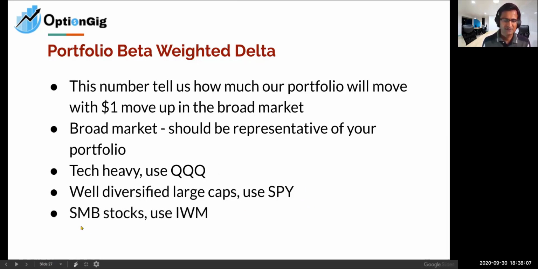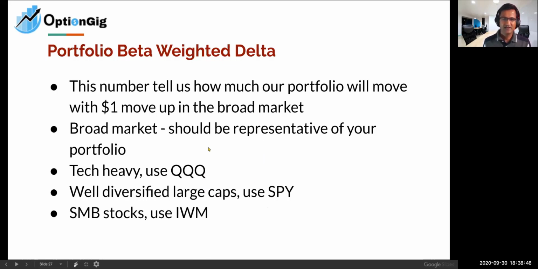Or if your portfolio only has small and medium businesses, use IWM. There are respective indices for these: QQQ has NDX, SPY has SPX, IWM has RUT. I'm not talking about indices right now because we are all trading small portfolio accounts. We only focus on ETFs. I don't trade indices much. If your portfolio is tech heavy, you need to know what's happening in the tech world and how that will impact your portfolio.